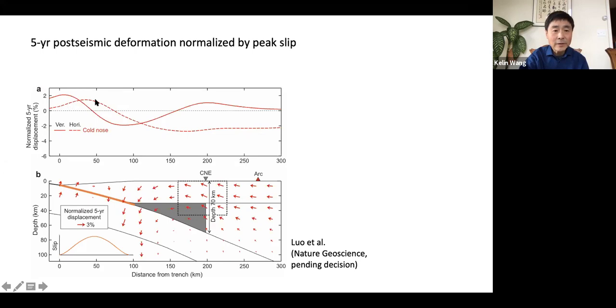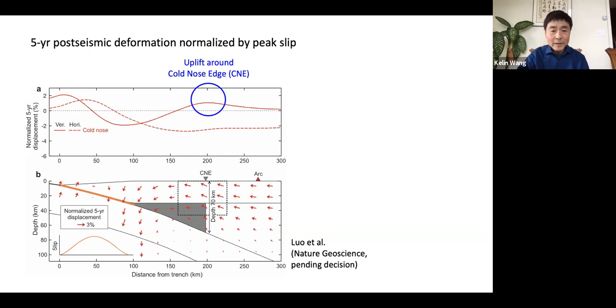In the horizontal direction, this dashed line, we see the famous opposing motion, the rupture area moving landward, the rest of the area moving seaward, opposing motion. But the most important for today's subject is the vertical deformation in this area. It's the uplift around the landward edge of the cold nose.